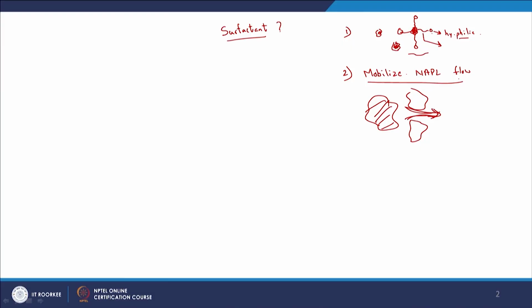Again, without this formation of surface, you are going to require a lot of energy to squeeze this through, right. So again, to get through that, or go around that, you are going to add the relevant surfactant, which will help in formation of surface and thus help in mobilizing the NAPL, right. So that is one aspect.